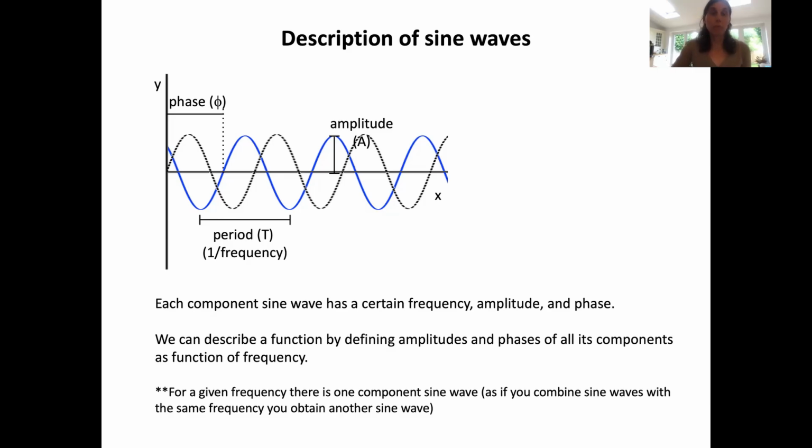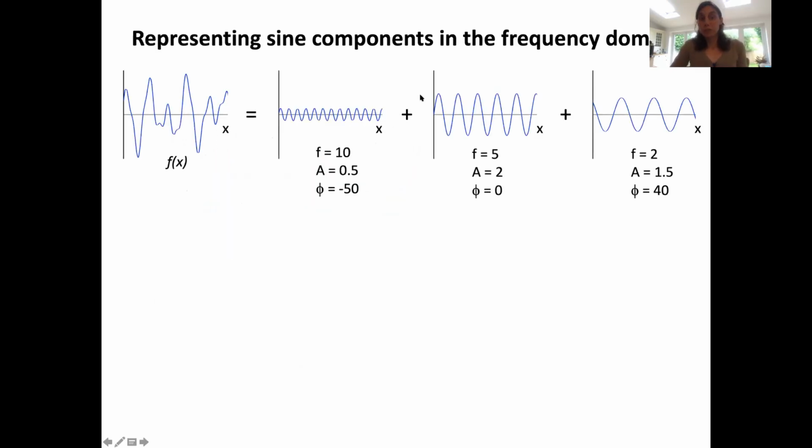For example, here we have again our one-dimensional function, which is made by the sum of these three basic sine components. And each one of these three has a certain frequency, a certain amplitude, and a certain phase.